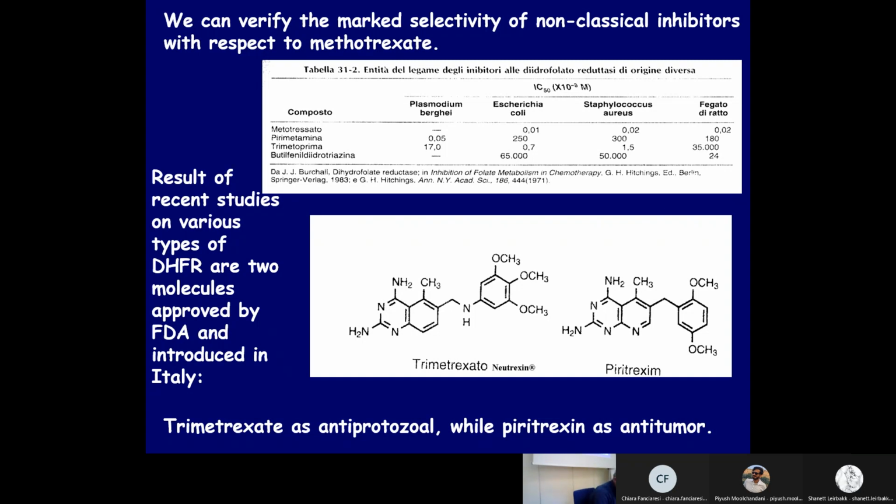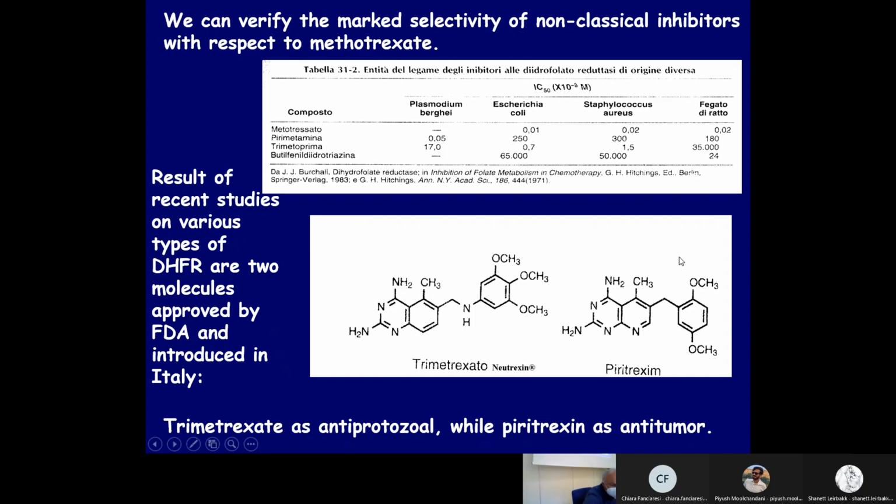More recently, the scientists try to modify the backbone, the chemical structure of trimethoprim in order to increase its activity as an antibacterial drug and to kill resistant strains.